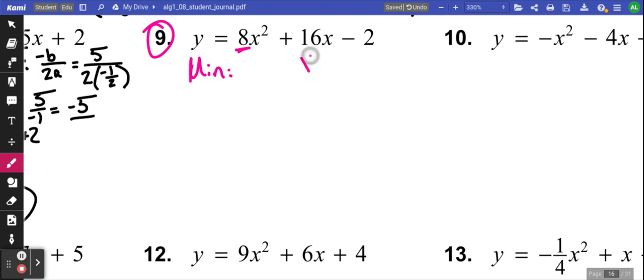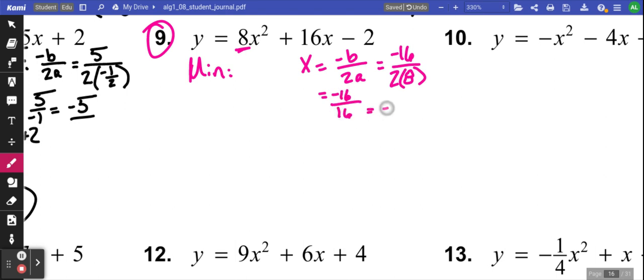Again, same process. My x is negative b over 2a. My regular b is 16, so the opposite is negative 16 over 2 times a, so 2 times 8. You get negative 16 over 16, which is just negative 1. Again, that's my x value.